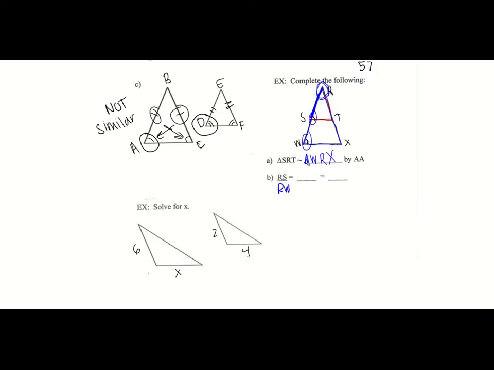That proportion, those two sides of our triangles, would also be equal to the proportion of another set of sides. So if we do the other side, RT, that would go on top because we're putting our small triangle values on top. And then our large segment would be RX. Then we can do the same thing for our third side. We would have ST in our small triangle, and then WX in our large triangle.